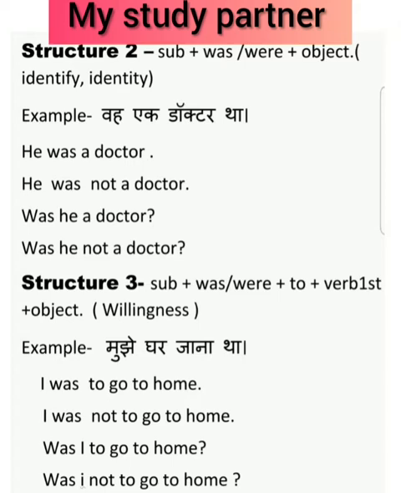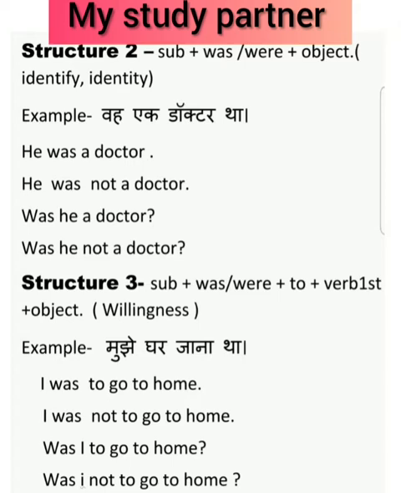Next we can see an example over here. The example is "वह एक डॉक्टर था." Here again we are talking about somebody's identity, but the identity is in the past now. Before it was in the present, now we have it in the past. We are talking about somebody who was in the past time. So we can see that example here: He was a doctor.